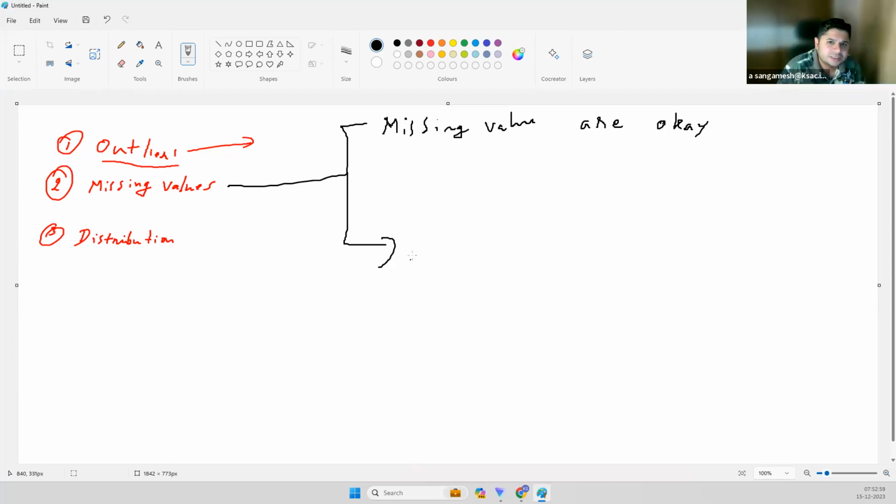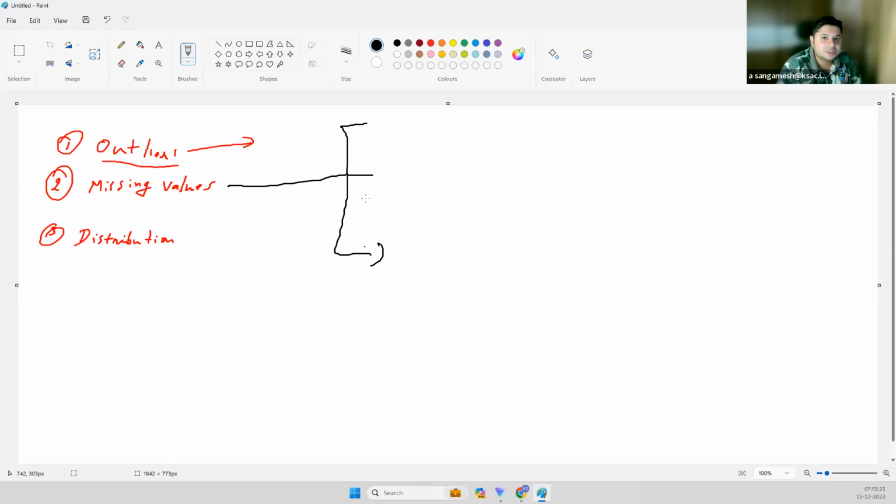For that specific reason, there are some machine learning algorithms which do not require missing values. So you have to treat this missing value. How to treat it? Here the central tendency that you learned yesterday, mean, median, and mode, are going to be helpful.